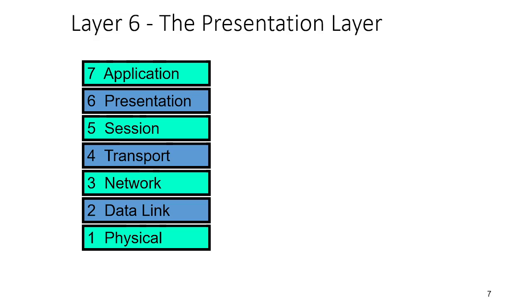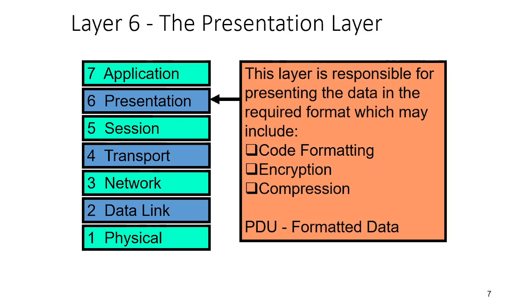Second, layer 6, the presentation layer. This layer is responsible for data formatting and translation. Different systems may use different formats for data, so this layer ensures that data is converted into a standard format. Functions include data translation, encryption, and compression.